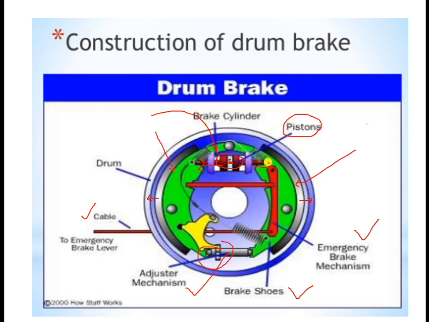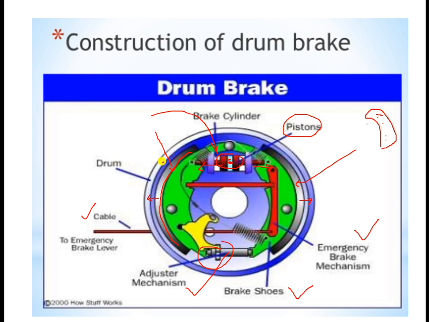It pushes the brake shoes in opposite directions, so that the friction lining material available on the brake shoes, which is of this kind of shape, is riveted on. The rivet will not come down; it goes below the surface into a recess-like structure.